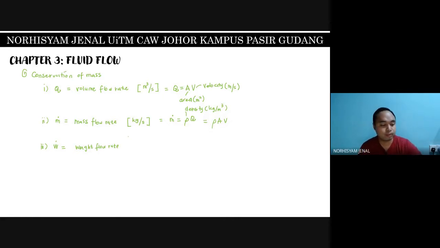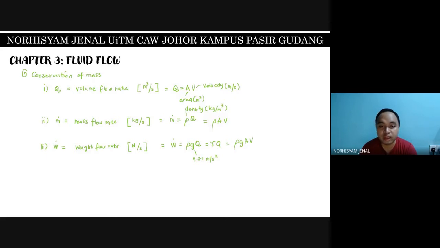The weight flow rate should be equal to... this one is kg per second, so this one should be Newton per second, and it should equal rho G Q, or it can also be gamma Q, or rho times G times A times V. G over here is 9.81 meter per second square.